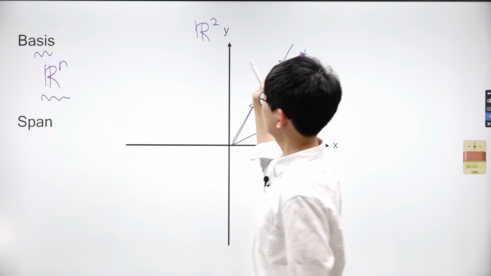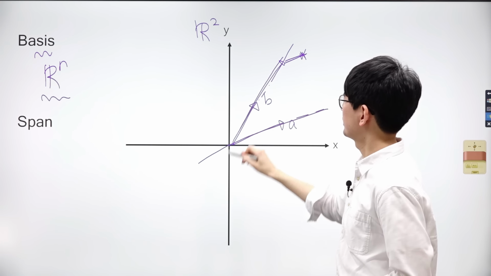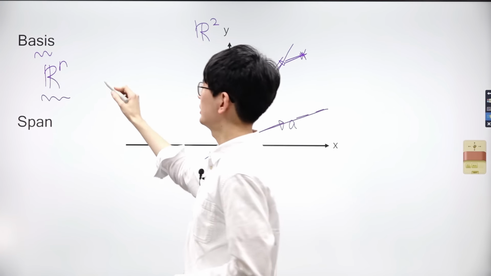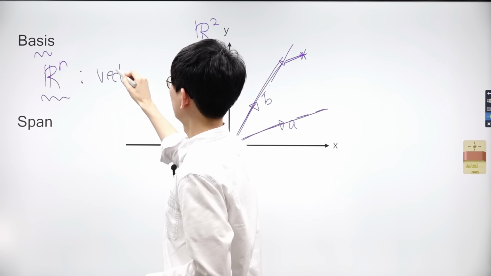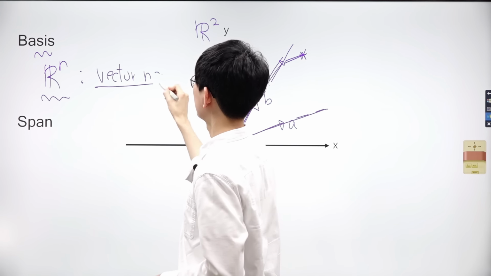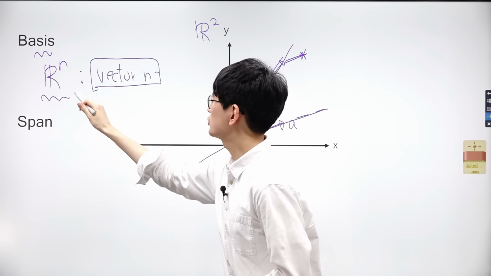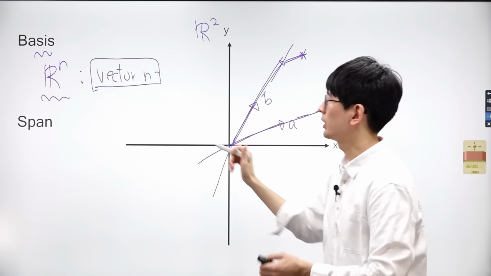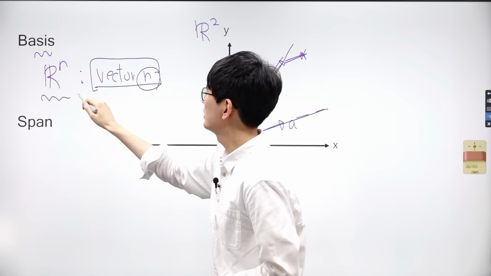As we need at least two vectors to construct R2, we need at least n vectors to construct Rn space. If we can find n vectors that construct n-dimensional space, we refer to those n vectors as the basis of Rn, indicating that they span Rn.